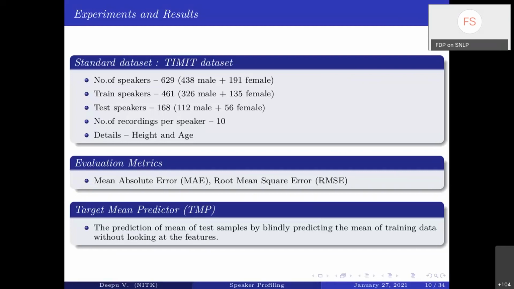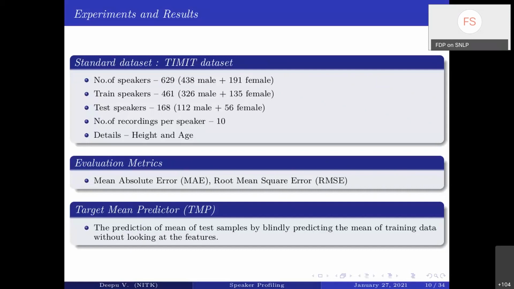So we take this as predicting the test samples by predicting simply the mean of the training data. Let's say I wanted to predict somebody's age. I just find the mean of the age in the training data and predict that number. That is known as the mean predictor. So we are trying to look at how much error we get without using the speech data.